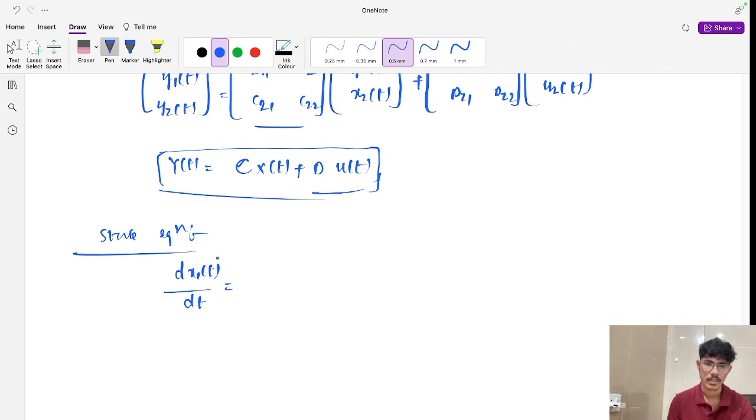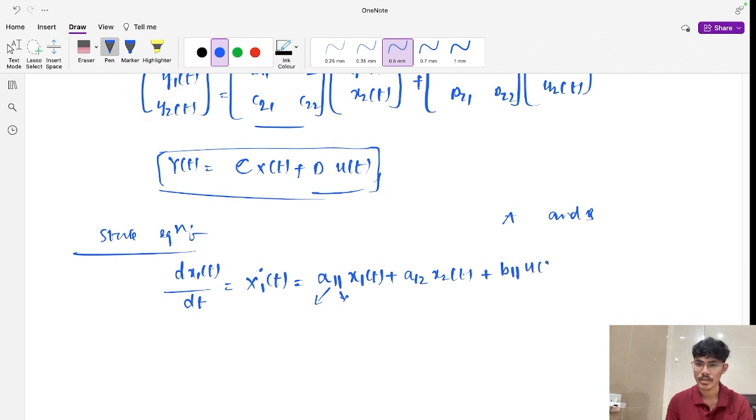It can be denoted as the first derivative of x1 of t, x1 dot of t, equal to, in the state equation, I am considering the constants a and b: a11 x1 of t plus a12 x2 of t plus b11 u1 of t plus b12 u2 of t.